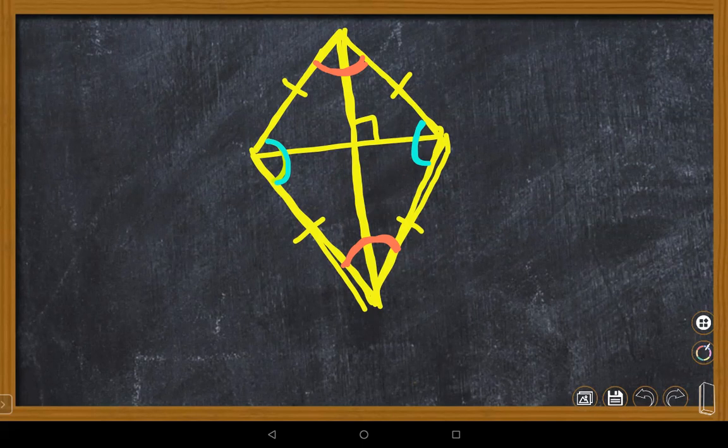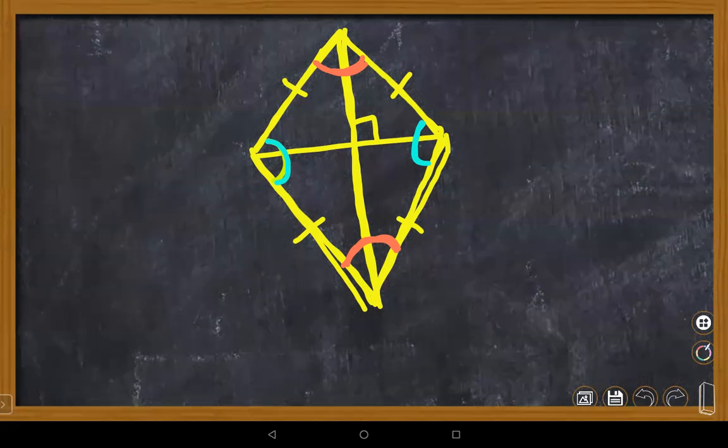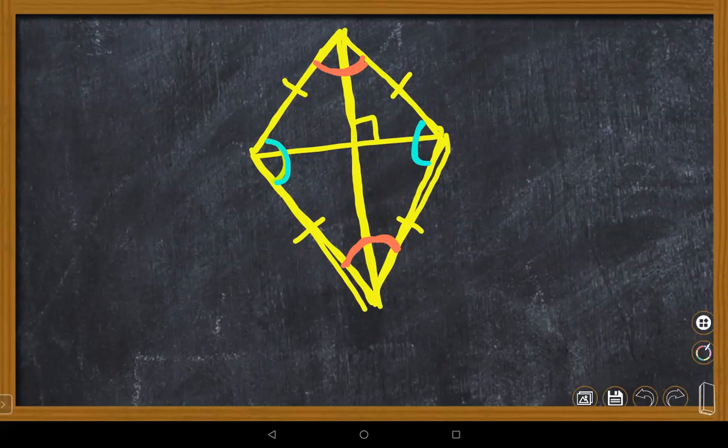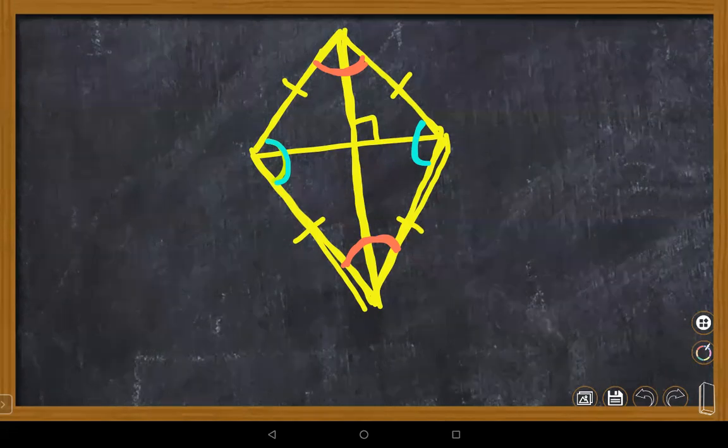Ma'am, I have a doubt. Not in this chapter, but for tomorrow's exam. How to build a parallelogram, ma'am? You're asking about the construction part.